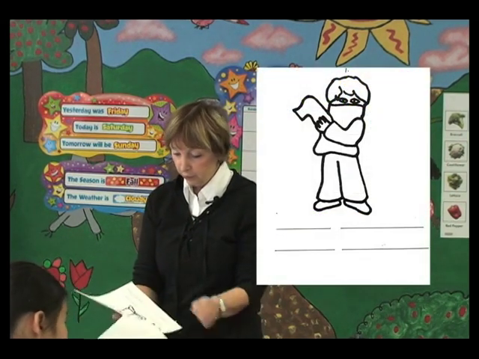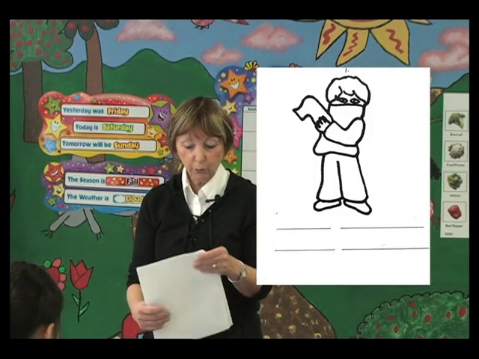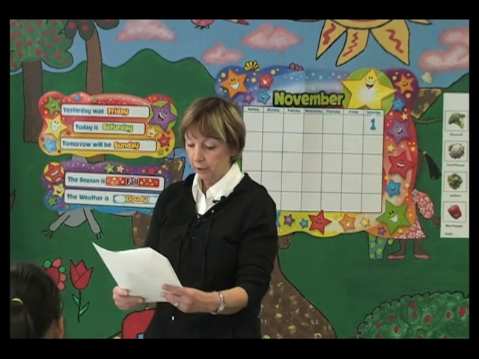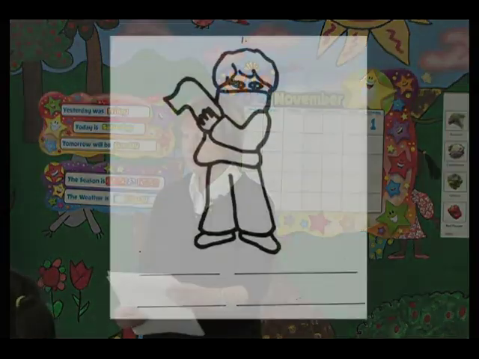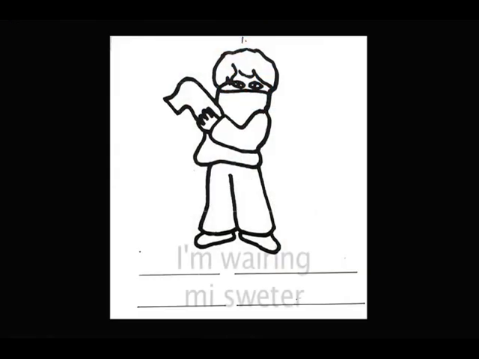The first page, everyone turn to page 1. Here we have a picture of a little boy putting on his sweater. So the sentence that you're going to write on that page is, I'm wearing my sweater.